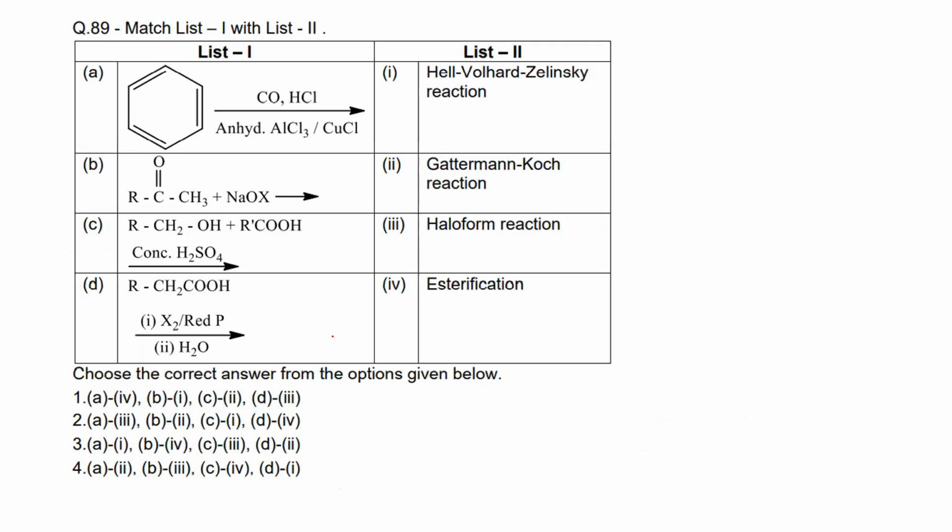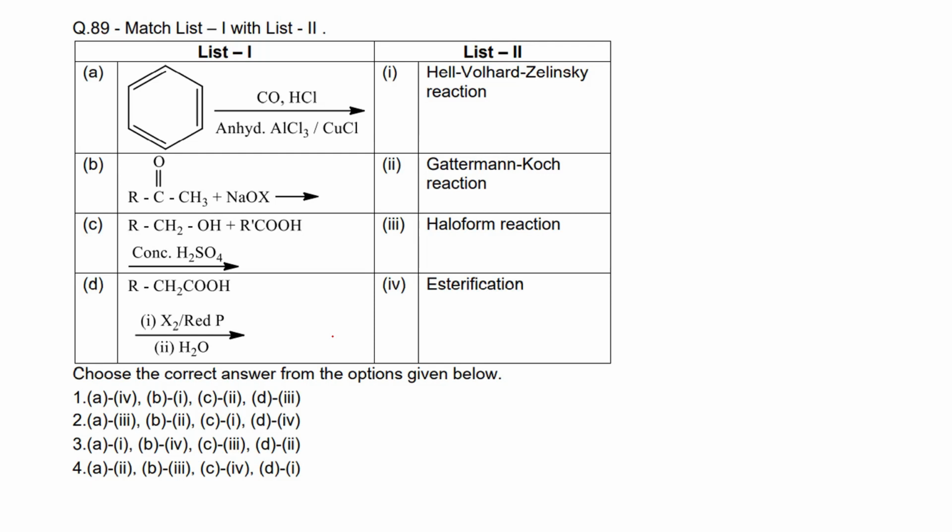Next, question number 89, once again a matching. So the first one, that is a Gatterman-Koch reaction. Okay, so A will be 2, and next the second one, that is a haloform reaction. So that is 3, B3, and the third one, RCH2OH and R-COH, that is esterification reaction, acid catalyzed esterification.